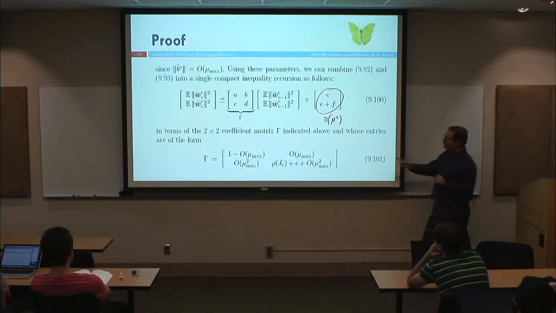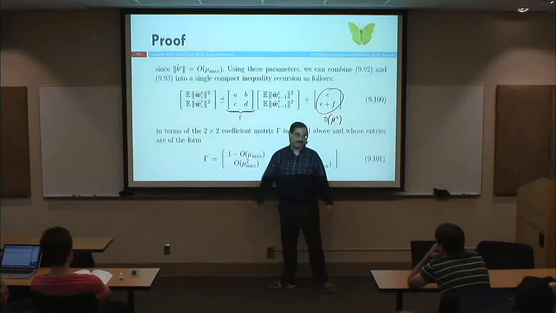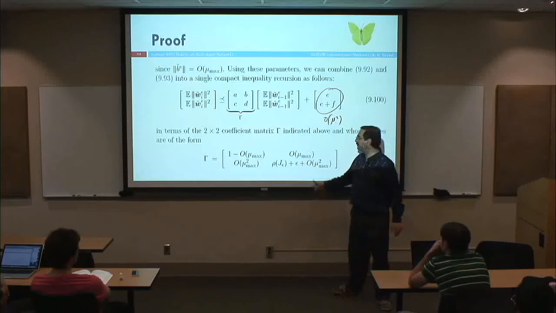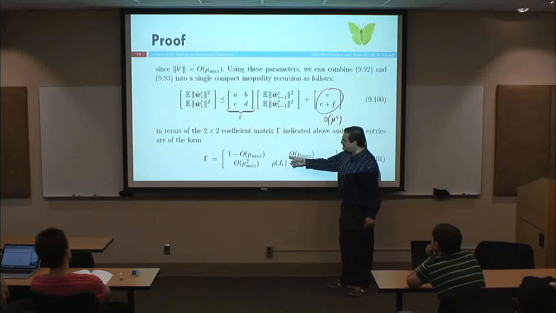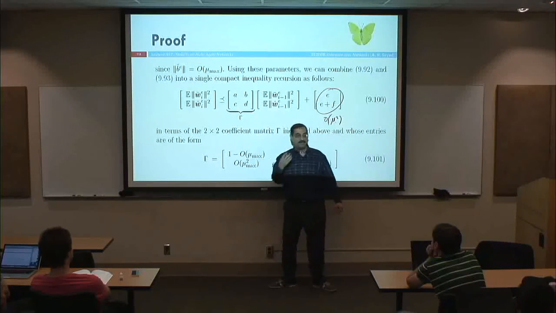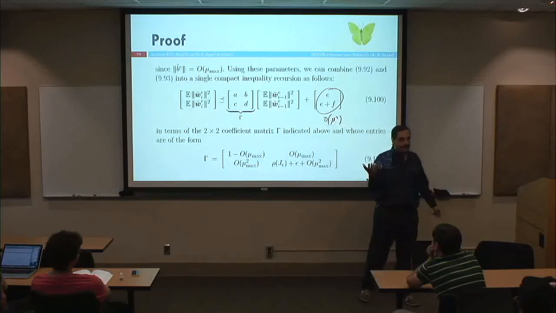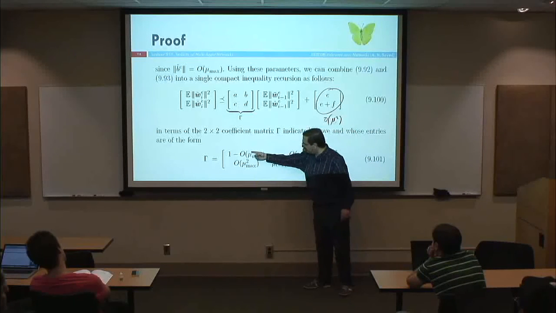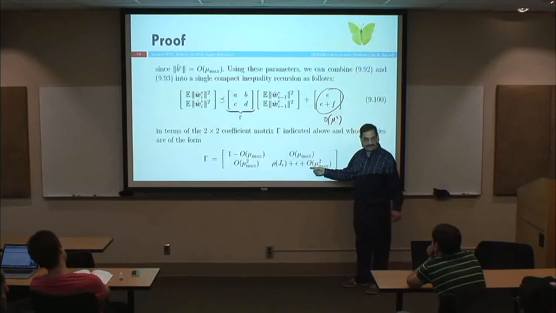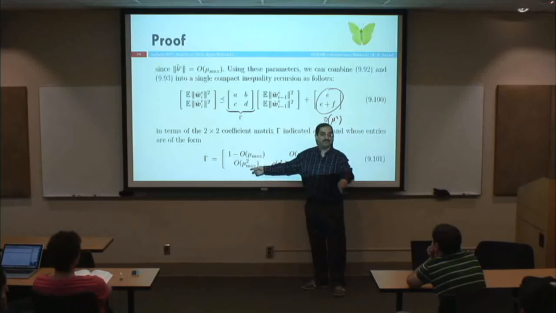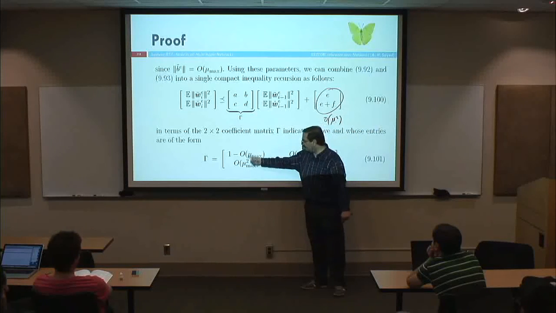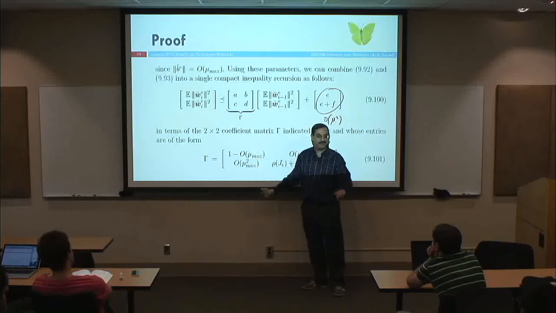Now, let's look at this. Is this a stable evolution? This is a constant matrix. Okay. Well, what is the spectral radius? The spectral radius of gamma is bounded by its one norm, right? The one norm, this plus that, this plus that, could be this or that, right? Now, because the mu is small, mu squared is smaller. So the one norm of this column here is always strictly less than 1.